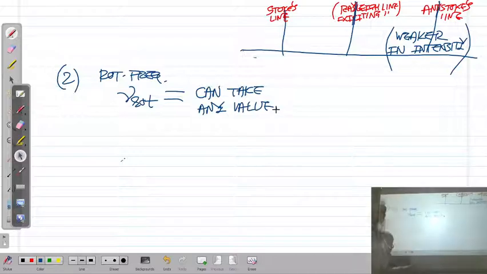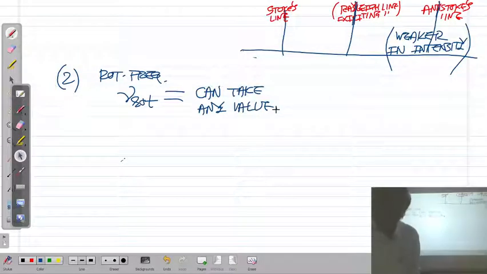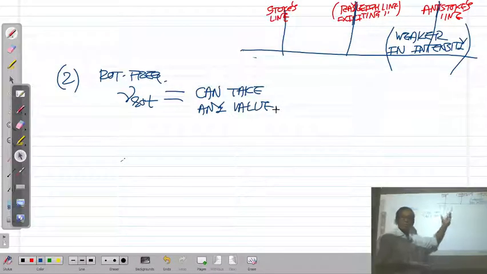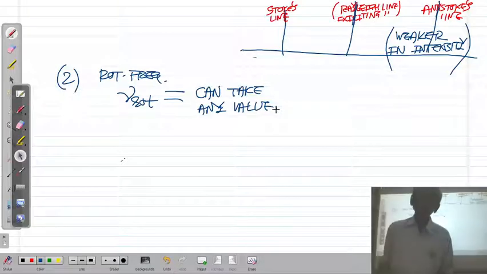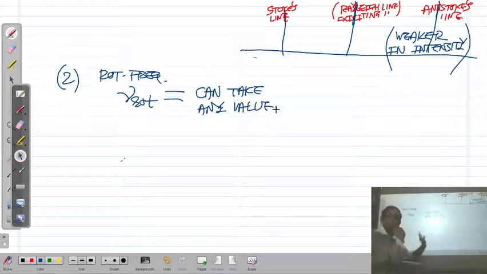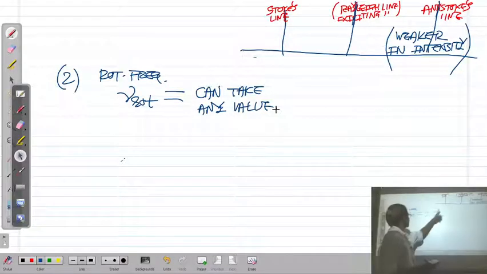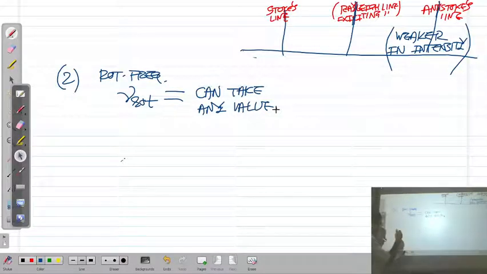According to classical theory, rotational frequency can take any value. If rotational frequency can take any value, then rotational spectrum must be continuous. Here we are not getting the continuous rotational spectrum. So that is the second limitation which cannot be explained on the classical theory.